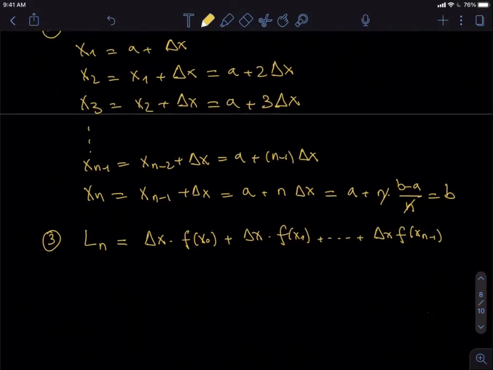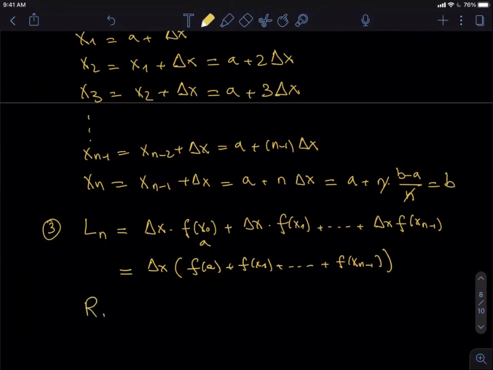Then remember, this x0 is a. So we can write this carefully, delta x, f of a plus f of x1 all the way to f of xn minus 1. Again, I'm just explaining the general method. Then on a particular example, we don't care so much about writing this in general. We just do it on the spot, okay?